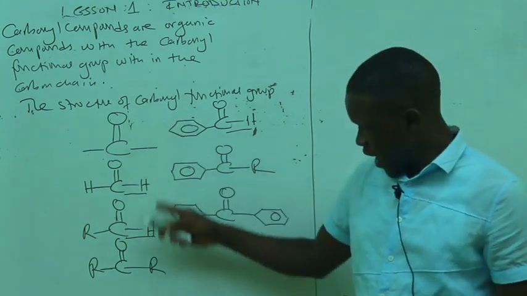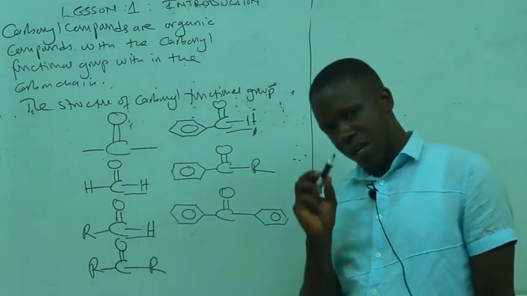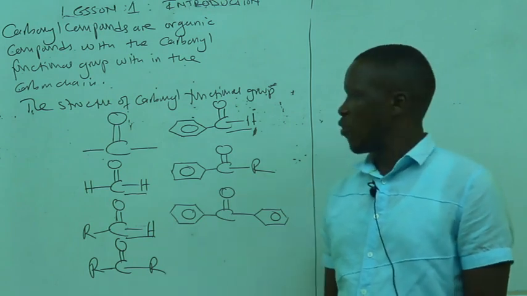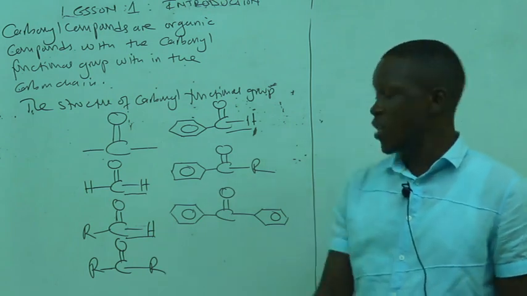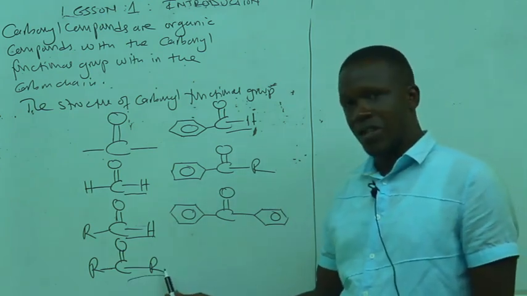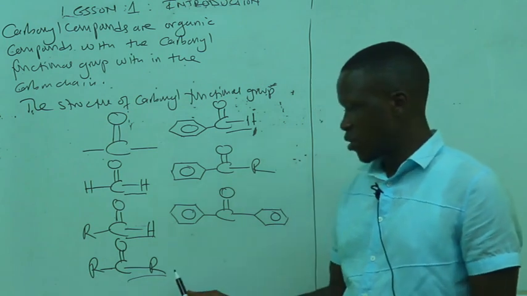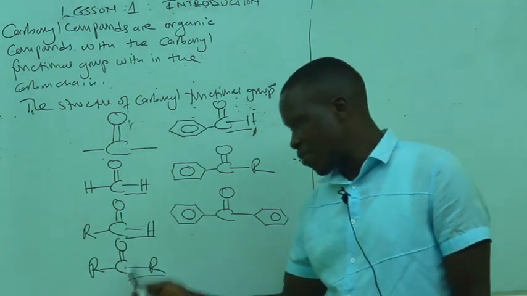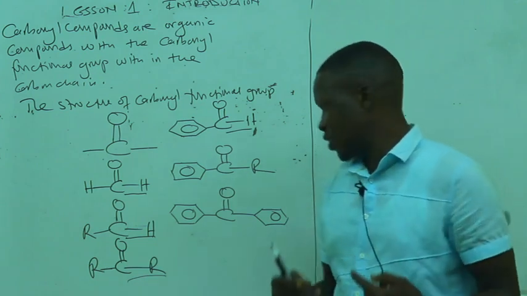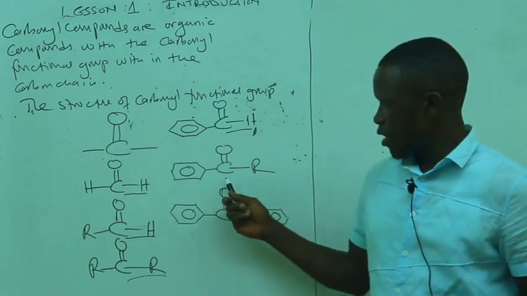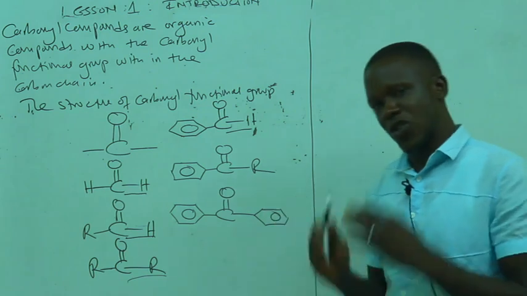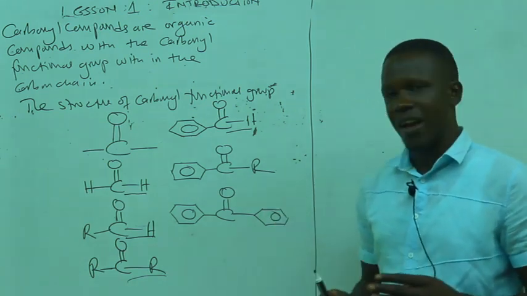That class of carbonyl compounds is different from compounds where a chain of carbon atoms is bonded to the carbonyl functional group. There is no hydrogen there; there are two carbon chains. Look at this type: there is a benzene ring on this side, an alkyl group on this side, and no hydrogen. That is another class.